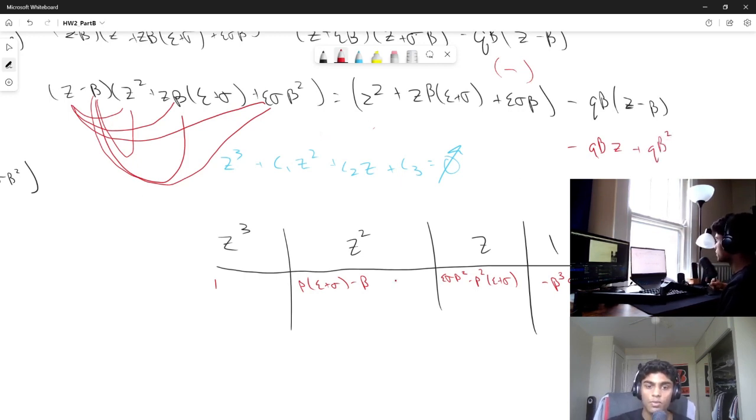So this first one, it's going to be minus 1 minus b epsilon plus sigma and minus b epsilon sigma. And for this one, this is another z term, so it's going to be minus negative qbz, which is going to give us plus qb, minus qb squared.